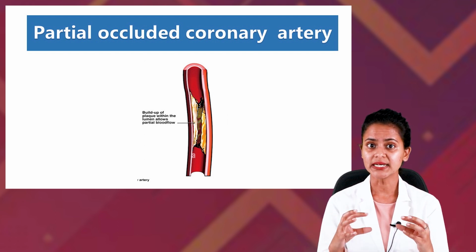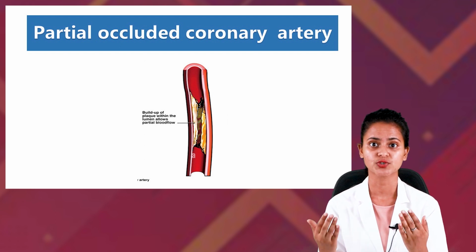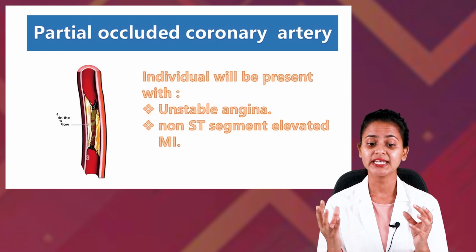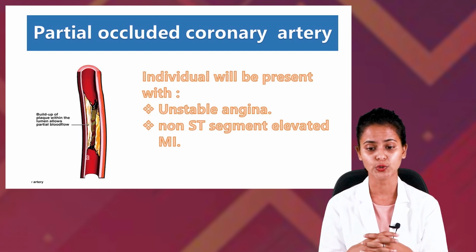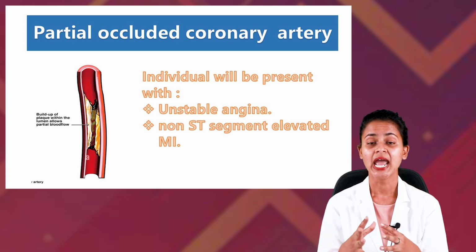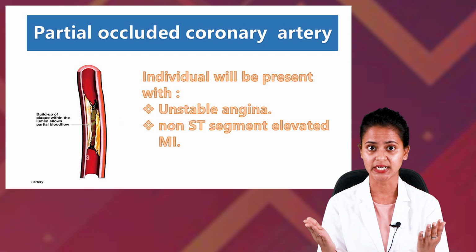If a partially occluded thrombus is present over the coronary artery, the person will show the features of unstable angina and a non-ST segment elevated myocardial infarction.